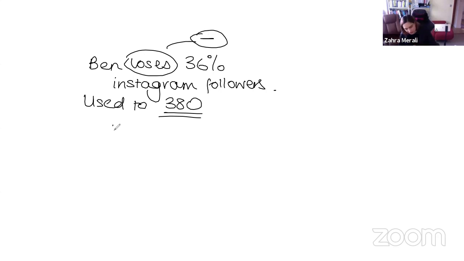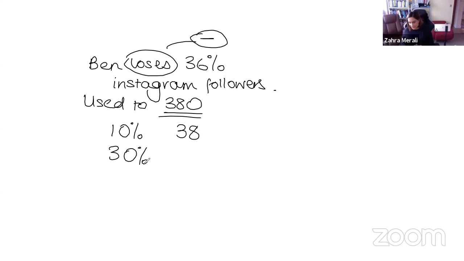So now let's work out 36%. Again, we start off with 10%. For 10%, we get rid of the 0 and we've got 38. We say, okay, we could do 1%, but let's have a look. If we get to 30%, that's multiplying 38 by 3.